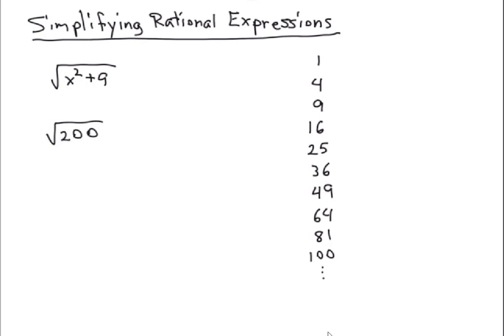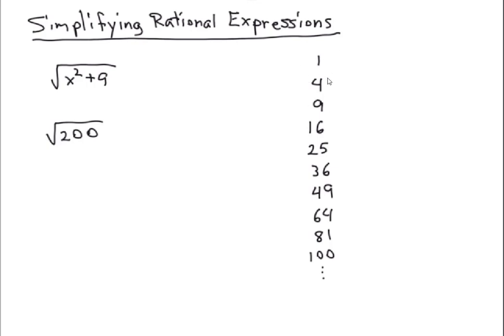Okay, so what we're looking for, do any of these numbers go into 200? And you can either do it all at once, or you can do it little pieces at a time. So let me show you little pieces at a time, and then we'll go back and redo it, doing it all at once.